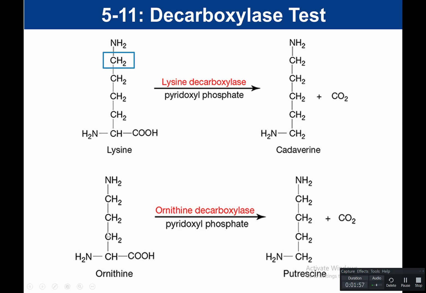Notice that this one is 3 carbons and then an amino group. This one is 4 carbons and an amino group. So that is what makes lysine and ornithine different. Their R group is different by 1 CH2. So our lysine is our substrate. That's our amino acid substrate.